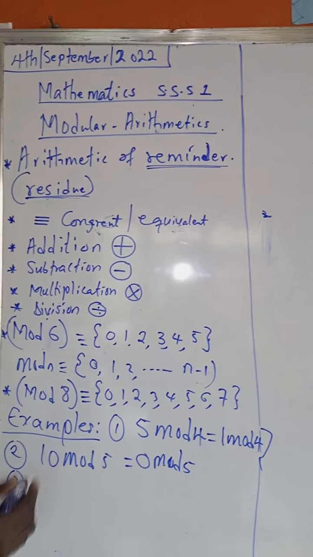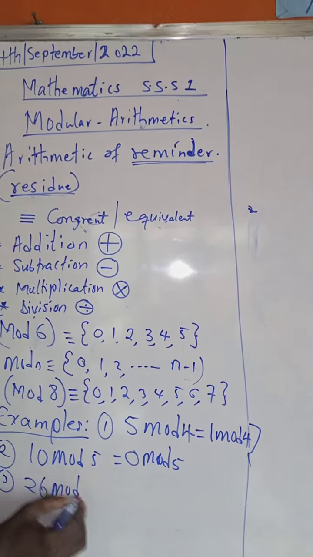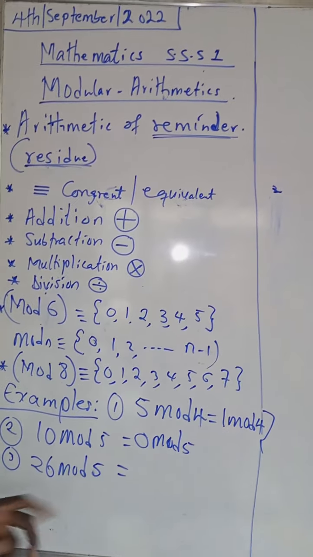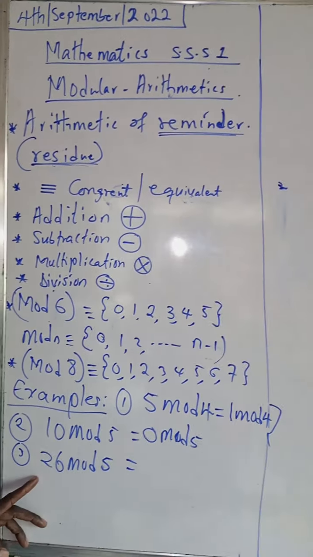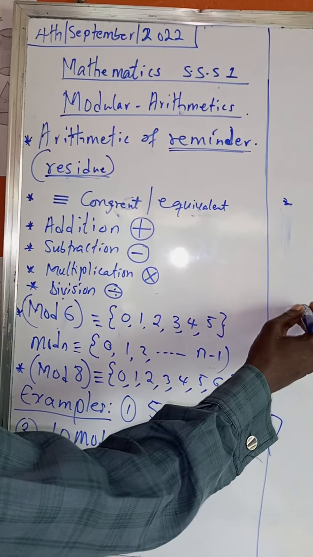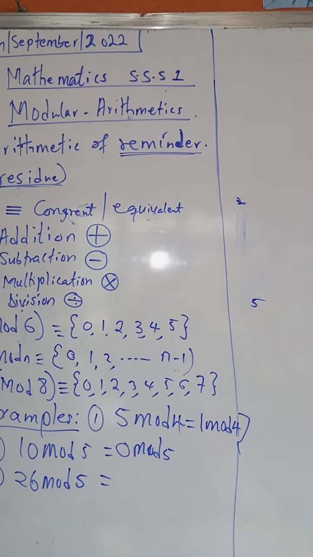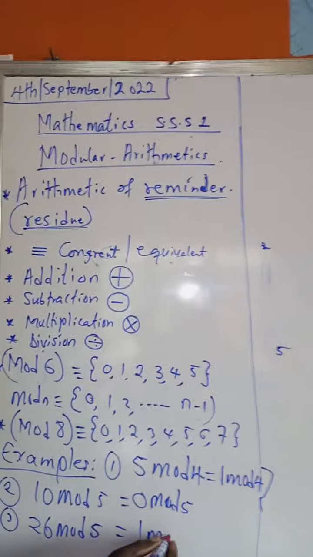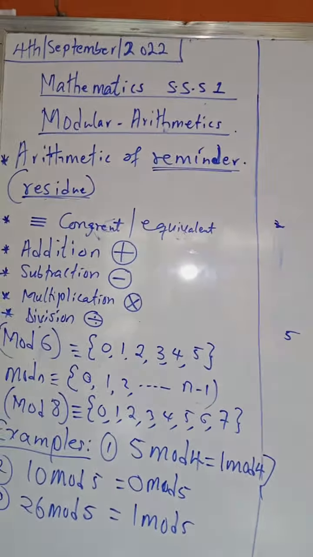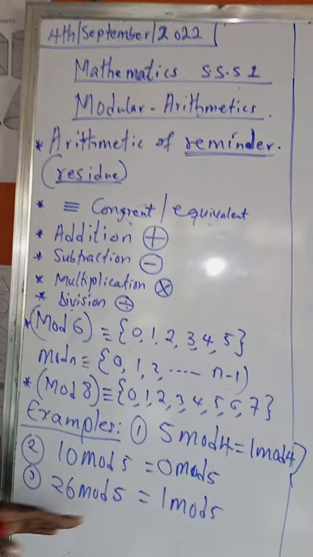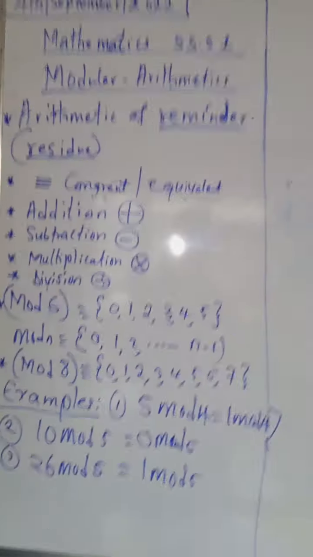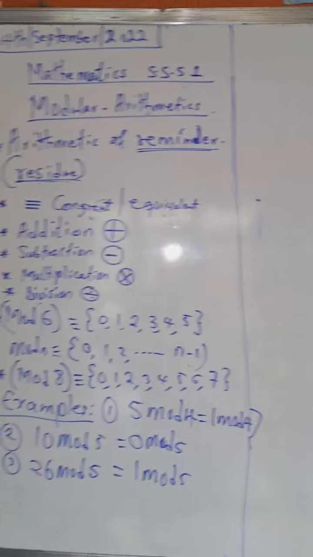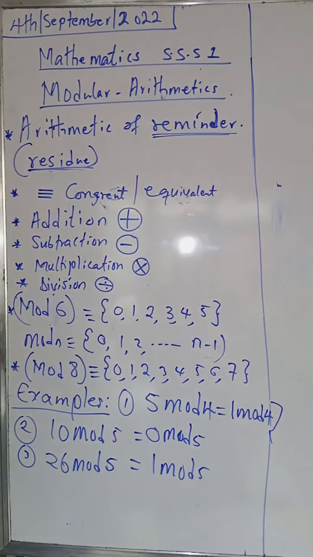Another one could be 26 modulo 5. Just divide it. 25 in 26, that's 5, and it will remain 1. That's 1 modulo 5. So this is exactly how to start modulo. Once you get this concept, then we can move on to the next stage.